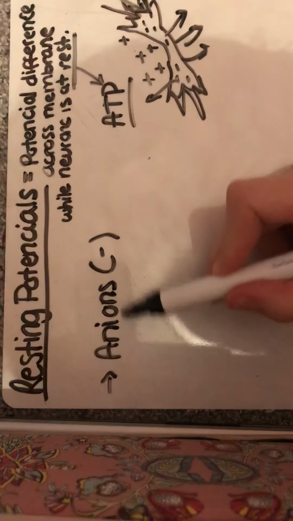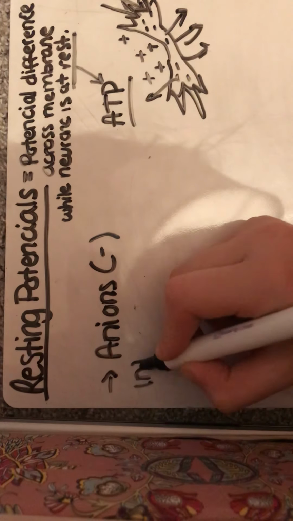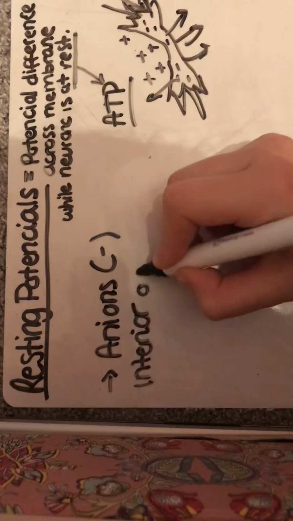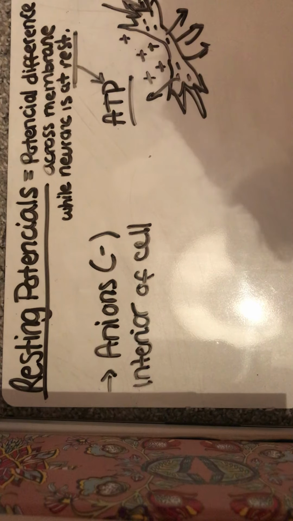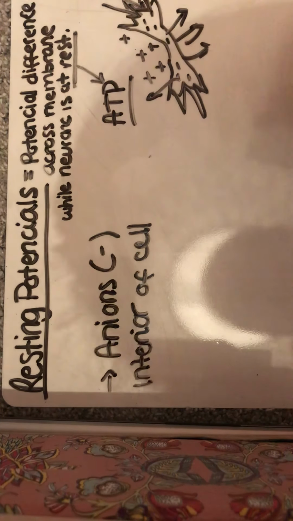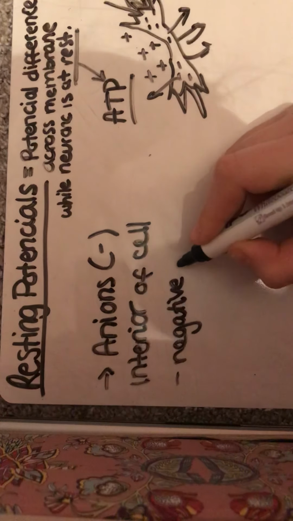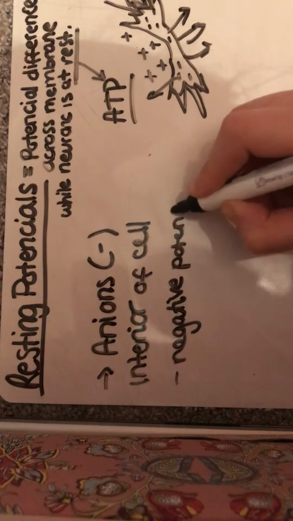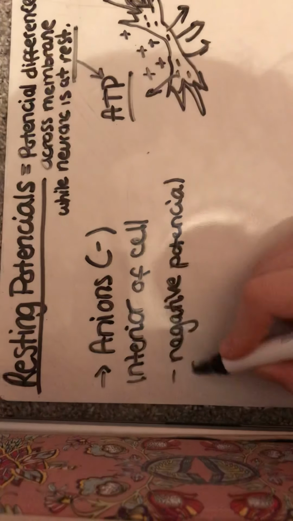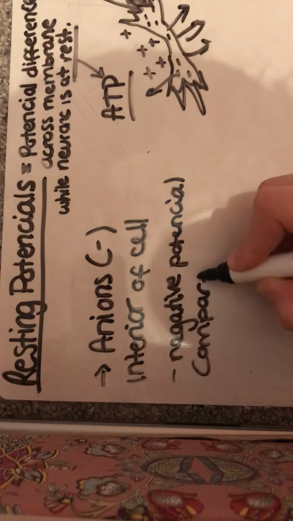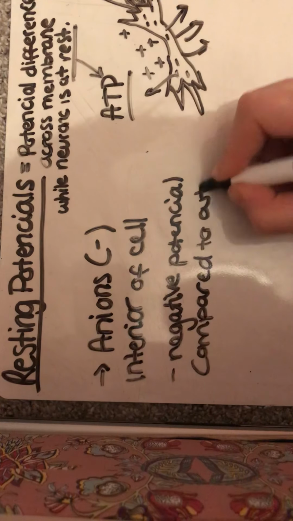And these cannot move in or out of the cell, so the interior of the cell is maintained at a negative potential compared to the outside. Again, if you were saying this in a question, you can't just say negative potential, you've got to say compared to the outside, because you've got to say compared to what? Compared to the outside of the cell.